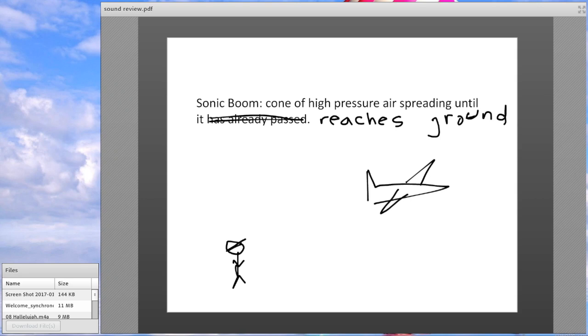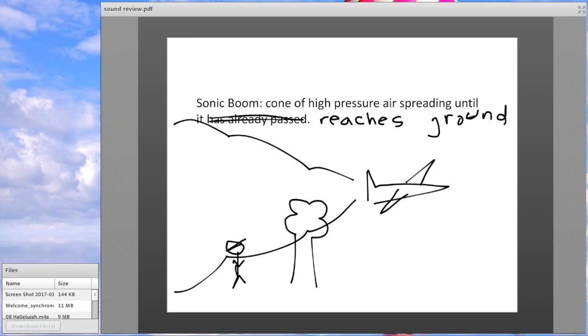If you were sitting in a tree right here, I know an airplane is not going to be where the tree is, then you would hear it before this guy. One, because this guy's far away, but two, because the person in the tree is higher. So it's like this cone of high pressure air that gets bigger and bigger until it hits the ground.